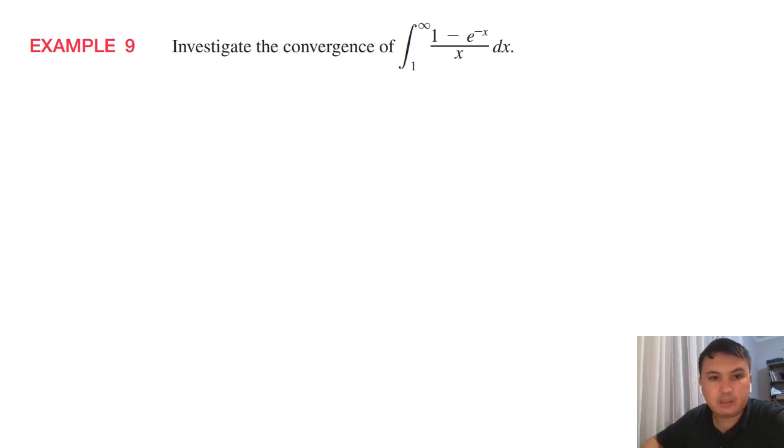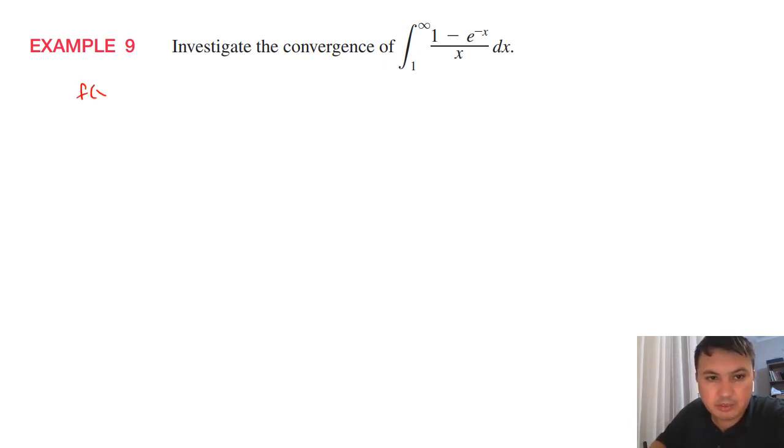Okay, the last example is we'd like to investigate the convergence of the integral of 1 minus e to the minus x over x from 1 to infinity. Well, e to the minus x goes to 0 as x goes to infinity, so 1 minus e to the minus x over x is behaving like 1 over x when x is sufficiently large. So I can compare it with 1 over x.